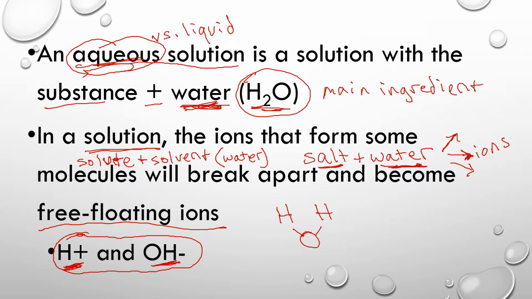When you break that apart, you can't break it apart evenly because the oxygen can't split in 2. It's only 1 oxygen, so you just break it apart where you can. So you end up with part of that water molecule being the OH ion, which is a negative charge, and the other part that's left over is a hydrogen ion, which is a positive charge.